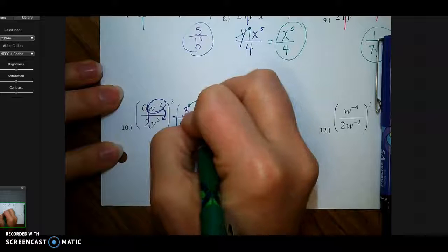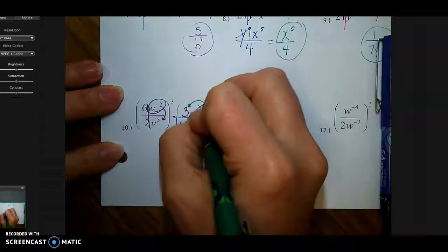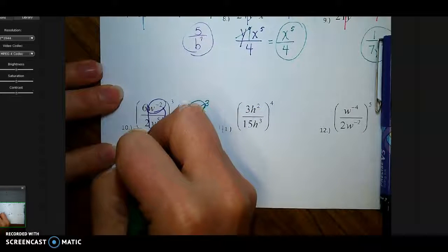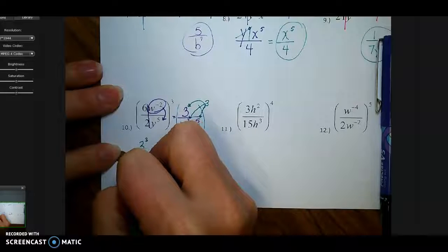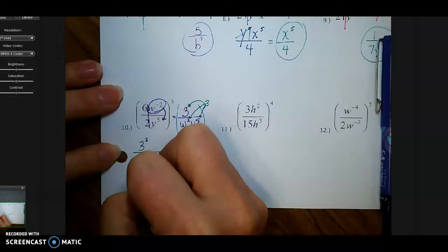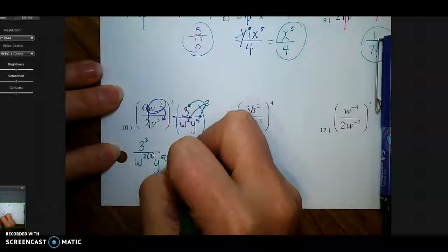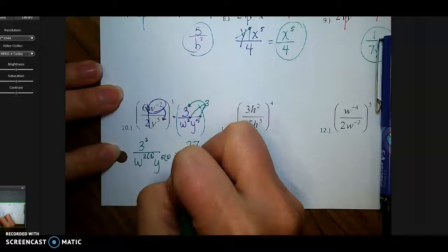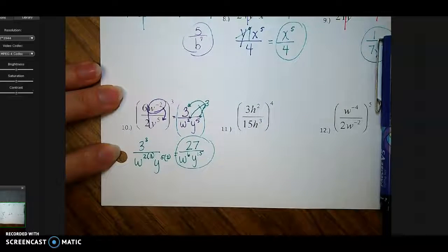When I do that, I need to make sure that I raise everything inside to the 3rd power. So that's going to be 3 to the 3rd power, w squared times 3, and y to the 5th times 3. So I'm going to get a 27 on top, and then I'm going to get w to the 6th, y to the 15th on the bottom.